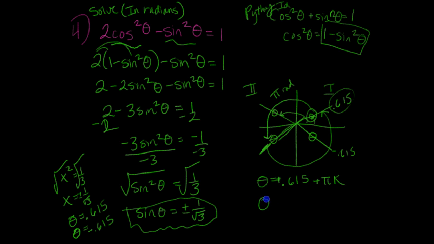If I did theta equals negative 0.615 and I added pi times k, that would be this angle and then this one up here. So I know it's kind of crazy to think about, but that's how you do it.